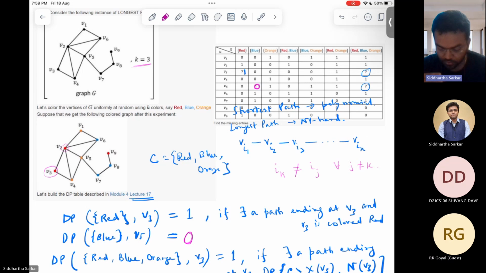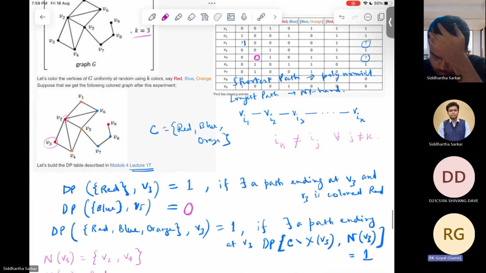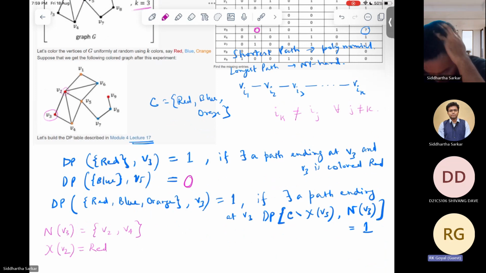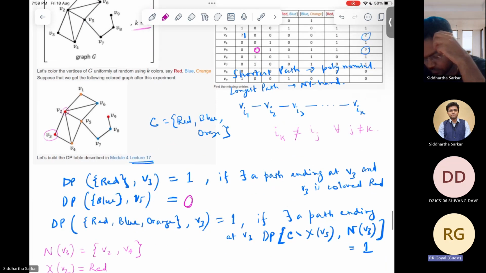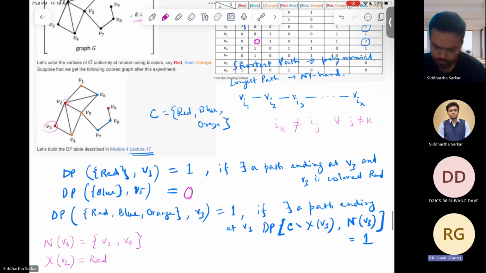So if there is a path ending at V3 of length 3, then there must be a path ending at one of the neighbors of V3 of size 2, and that path itself also consists of distinctly colored vertices. Yes, that's true. My only query was related to the appearance of the colors blue and orange here, but this interpretation is clear to me.